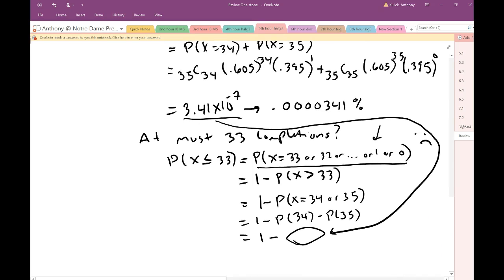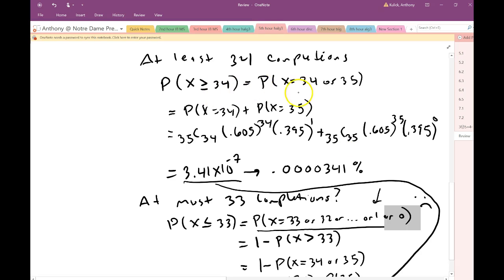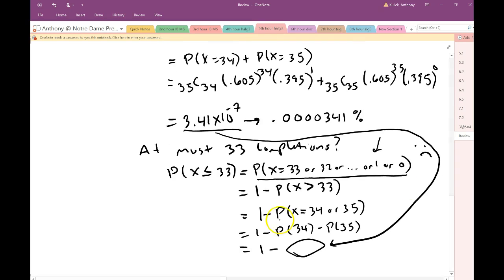No, that was for x greater than or equal to 34, which is 34 or 35, right? Which is exactly what we wanted here, right? So I don't have to do anything else. I'm done, because Mr. Kulik was kind and planned ahead to make your life potentially much easier by reusing an answer to a previous problem.